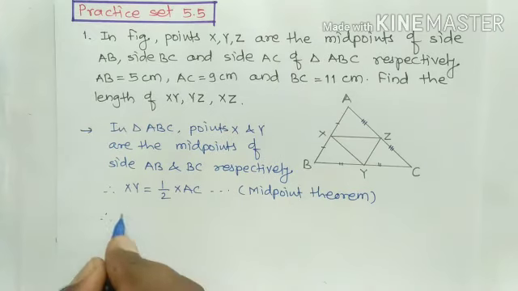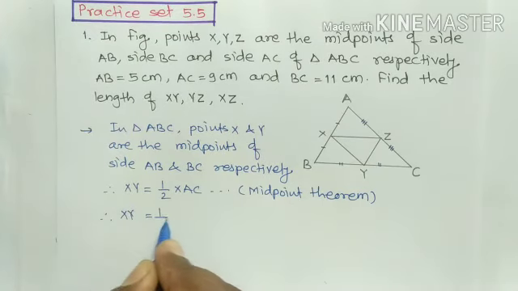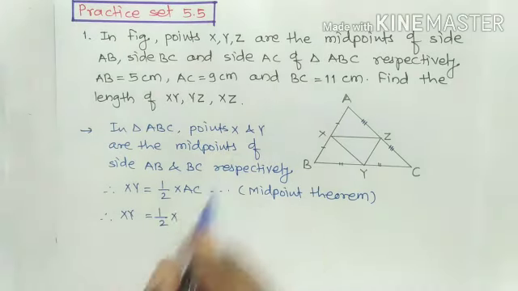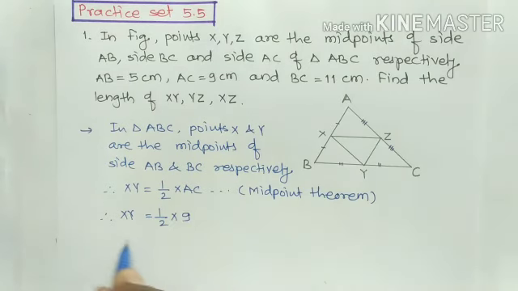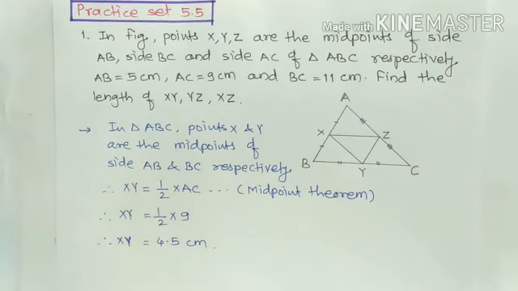And therefore XY equals, here the length of AC is given, which is 9 cm, half into 9, therefore XY equals 4.5 cm.